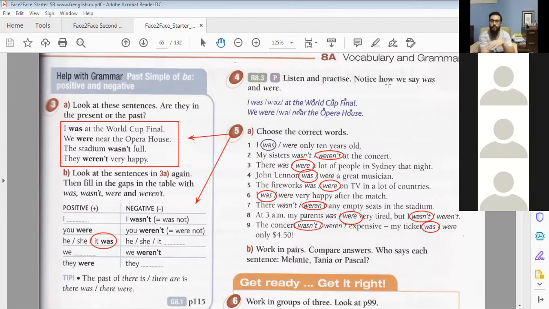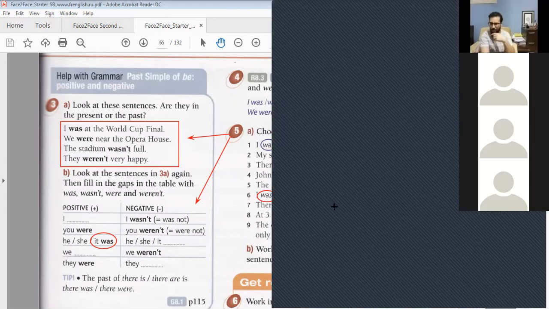We have the strong form, was, were, and we have the weak form. In these two examples, we are going to listen to the weak form. So I want you to tell me the sound of the weak form, okay? So let's listen and let's see.